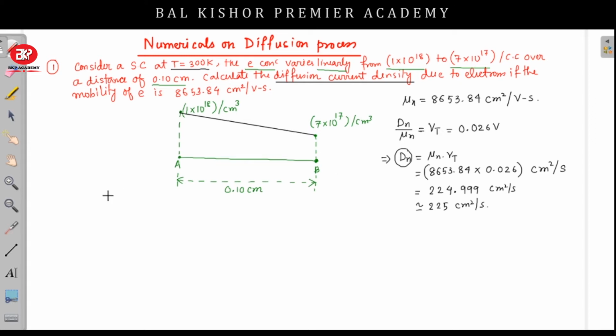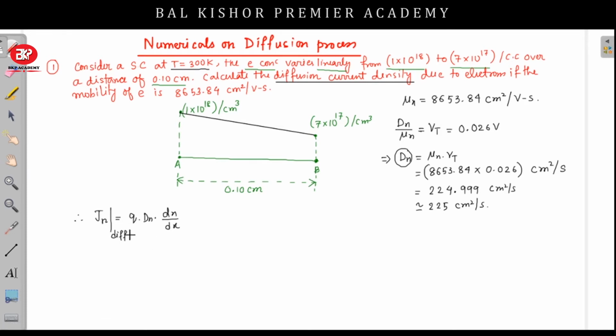Now if we want to find the value of the current density, the electron current density due to diffusion will be Jn diffusion. For electrons, Jn diffusion equals Q into Dn into dn by dx.